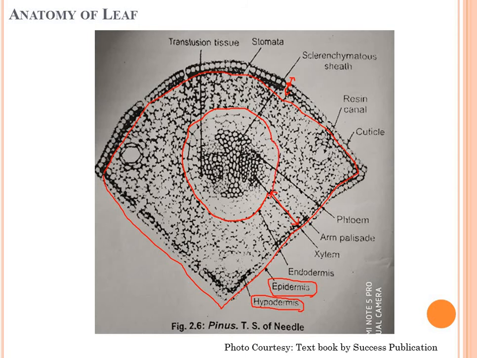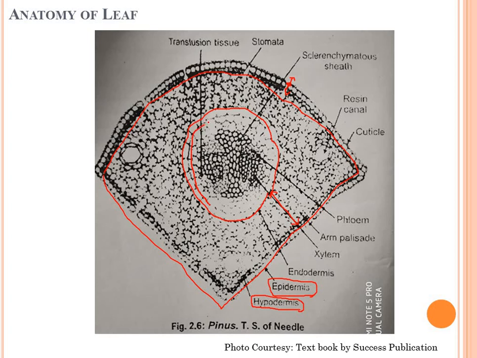Endodermis is made up of endodermal cells, and the vascular bundle is enclosed by the endodermis. Then this endodermis is followed by pericycle, and pericycle is actually made up of parenchymatous cells.